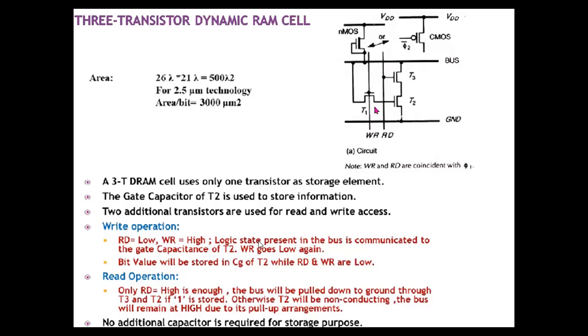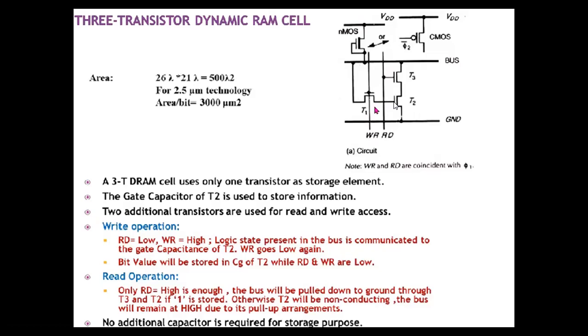So this logical state present in the bus is communicated to the gate capacitance of T2. Why? Because if I activate this write signal, this T1 transistor will be on. Hence the information present on the bus will be transmitted via T1, and that will be stored in the input gate capacitance of the transistor T2.